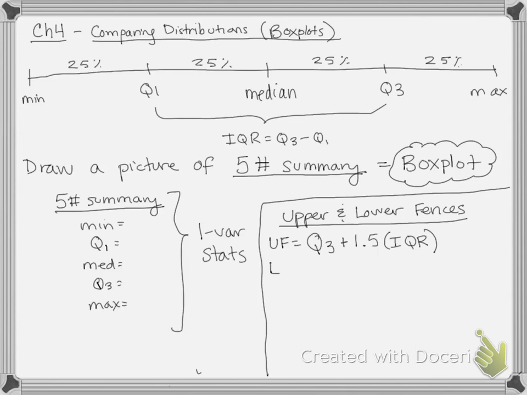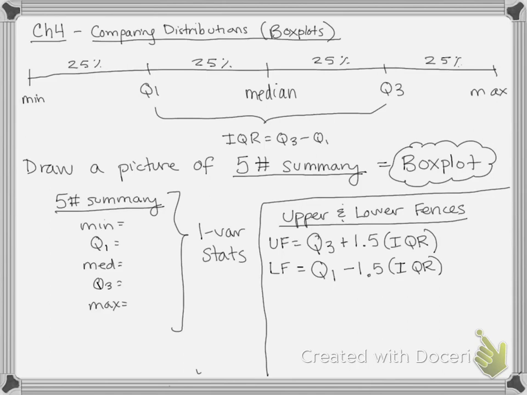Now the lower fence calculation is very similar. Instead of starting at Q3, we start on the lower quartile, which is Q1, and we're going low, so instead of adding, we subtract. Same quantity, 1.5 times the IQR.